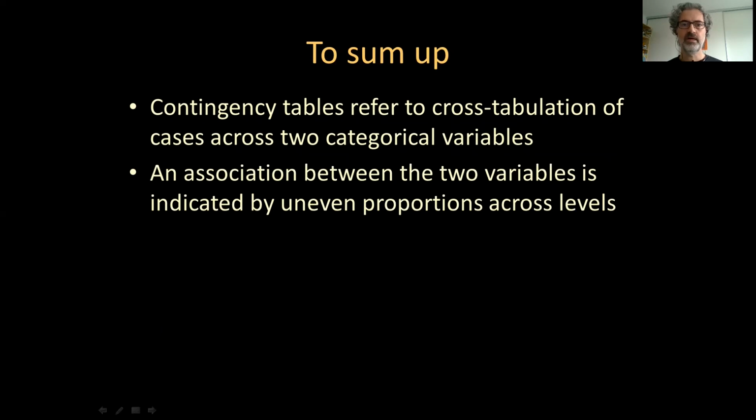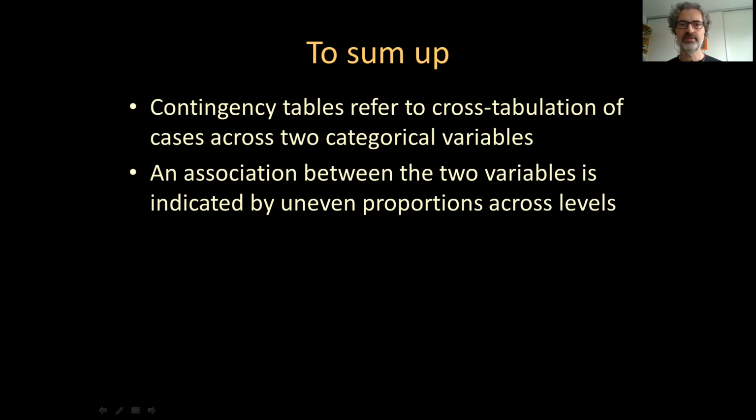If the variables are not related, then the proportions of classification on one variable will not be associated with classification on the other variable. So the proportions will be even across levels of the other variable. Therefore, an association between the two variables is indicated by uneven proportions in the levels of one variable across levels of the other variable.